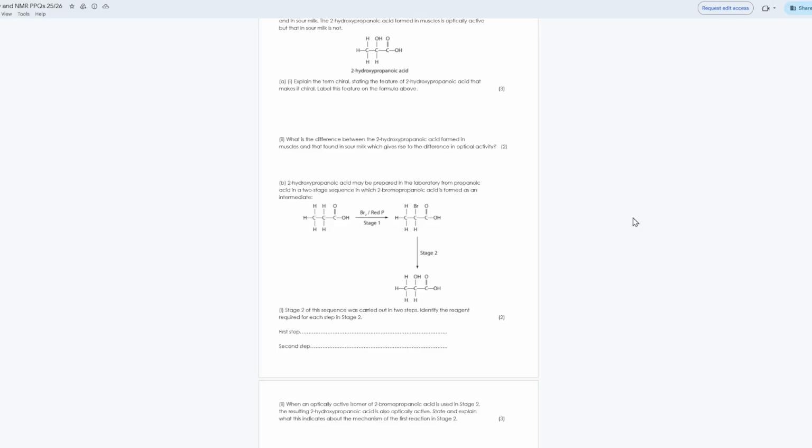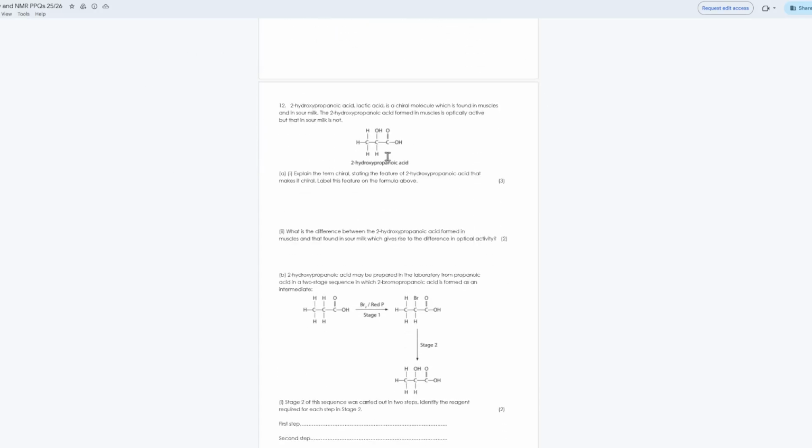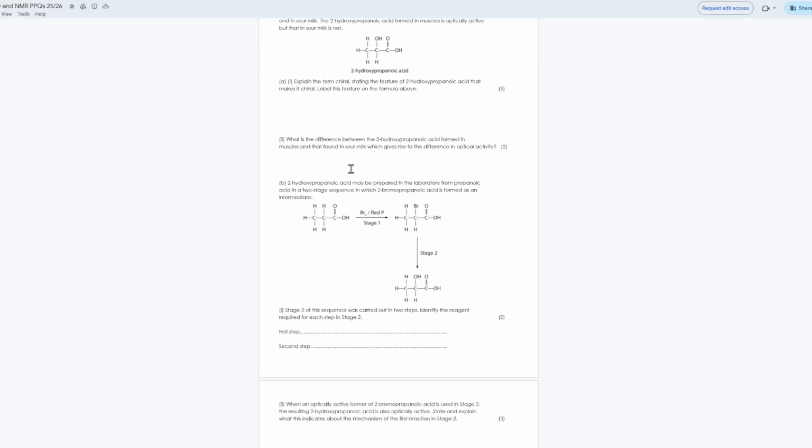So we can see above, which I didn't actually read out, it says the 2-hydroxypropanoic acid formed in mussels, but the sour milk is not. So that means this one forms different enantiomers, and this one forms a racemic mixture, the sour milk one.